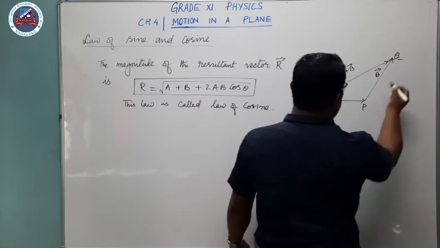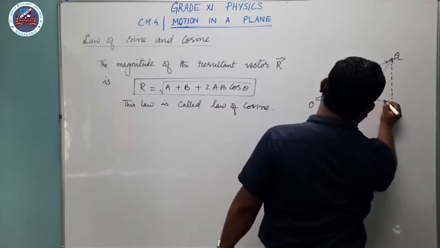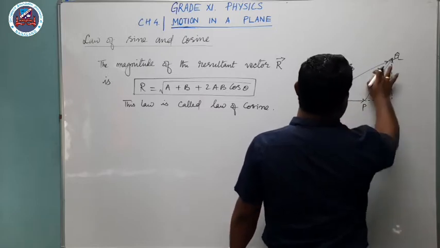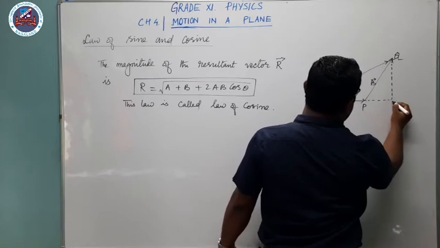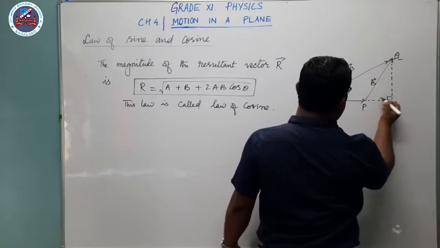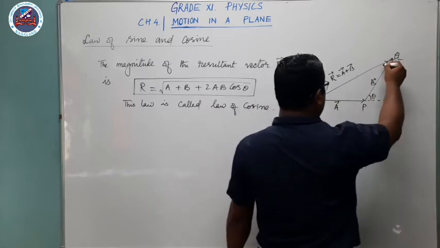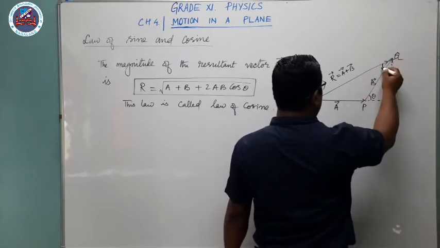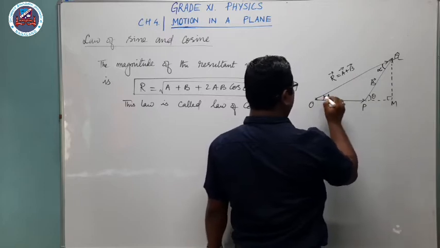To derive the law of sine, like the earlier one, you can drop a perpendicular and extend it. Suppose M, and the angle between the vectors is theta. These two places you take the angles opposite, let us take one as alpha and this one as beta.